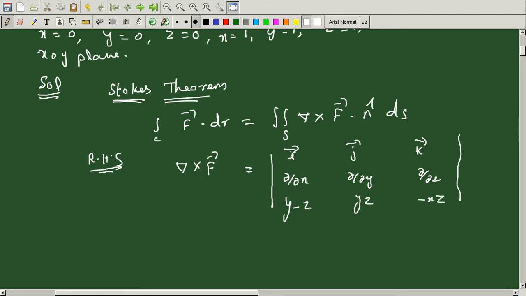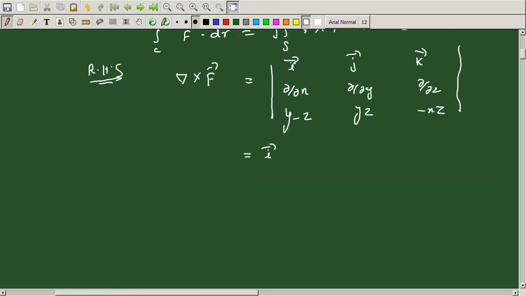Now you have to solve the determinant. For the i vector, you have to leave the corresponding column and row: with respect to y it is 0, with respect to z it is y. You have to follow the determinant. Similarly, we need to calculate the minus j vector. So the i vector value is 0 minus y.